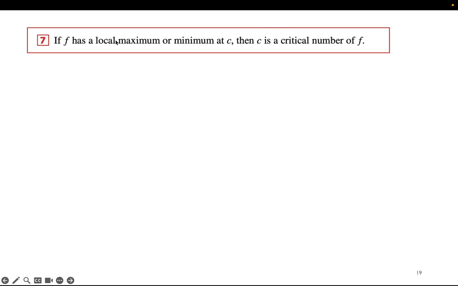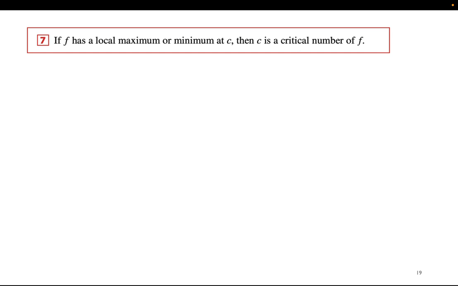But this theorem says that if you have a local max or local min at c, c must be a critical number. In other words, to find local max and local min, we look at all the critical numbers. Not all of them will give you a local max or min, but if they are to be local max and min, it must come from the list of all the critical numbers.